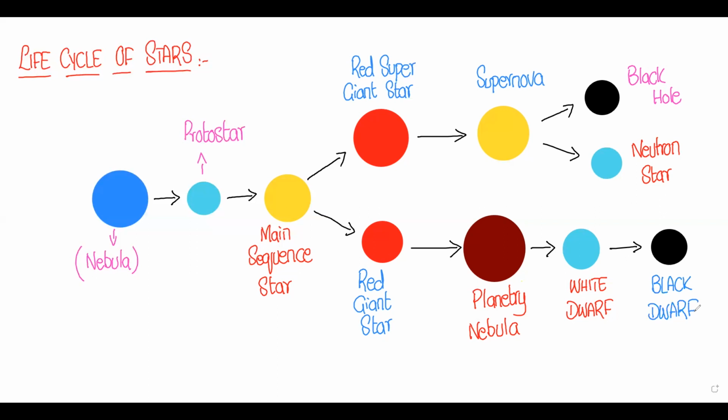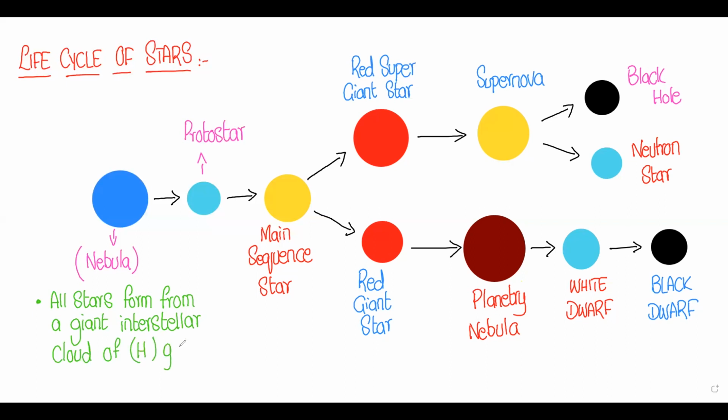Okay, starting from the nebula. If we talk about all types of stars, according to the theory, all stars form from a giant interstellar cloud of hydrogen gas and dust called a nebula.